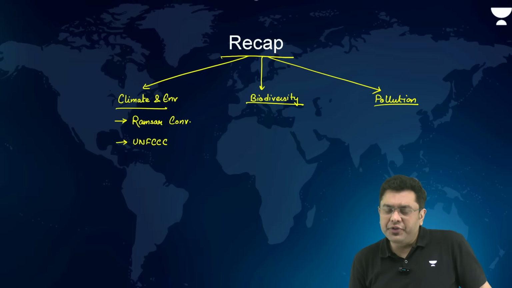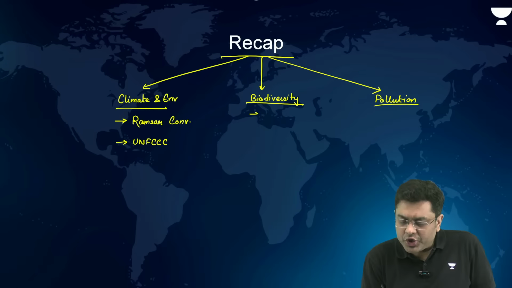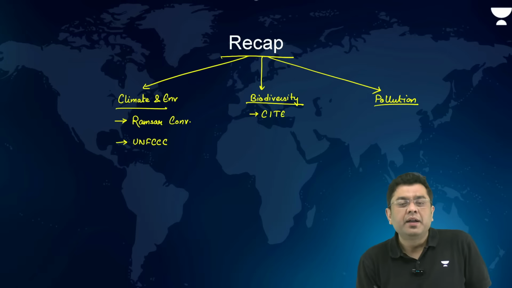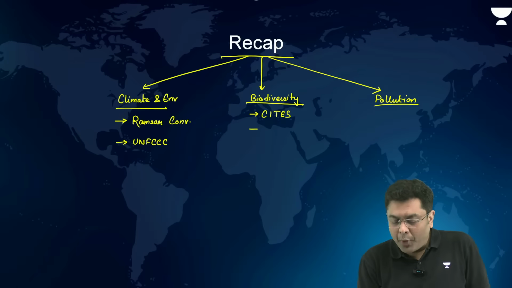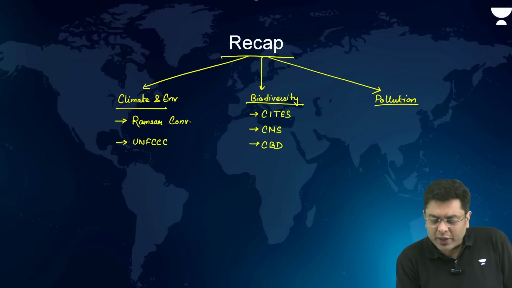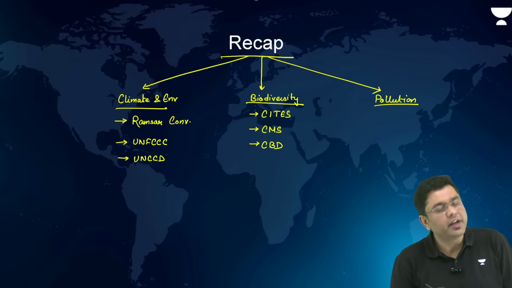For biodiversity conservation, initially start with CITES, Convention on International Trade in Endangered Species, 1973. Then you have Bonn Convention or Convention on Migratory Species. Then you have the Convention on Biological Diversity. Right? Here you can also list United Nations Convention to Combat Desertification.